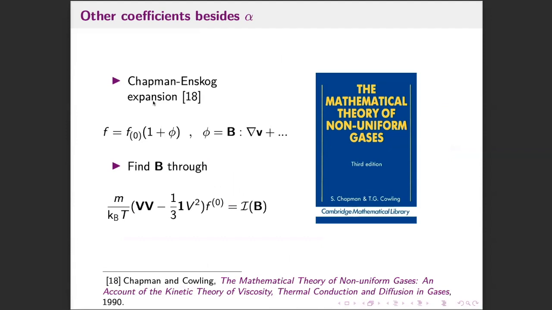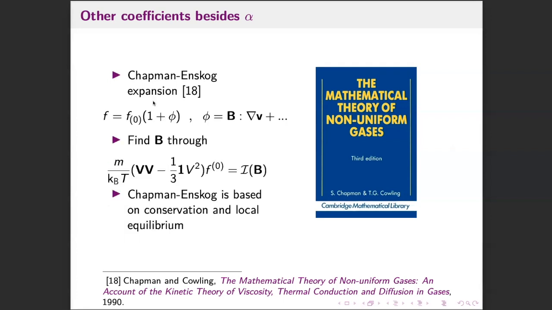So that's what you see here. This is the collision term, which depends on this phi from this ansatz and will then be proportional to the gradient of v. But the left-hand side of the Boltzmann equation will also be proportional to the gradient of v, because you assume it's in local equilibrium. So that will give rise to gradients. Then you get rid of the gradients on both sides, and then you iteratively solve this. But that's incredibly difficult. Even for the simplest case, in this book, it's I don't know, 30 pages of computation.